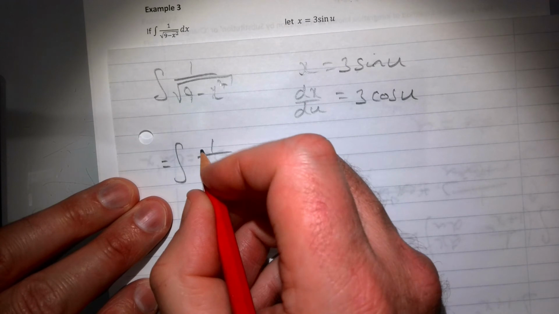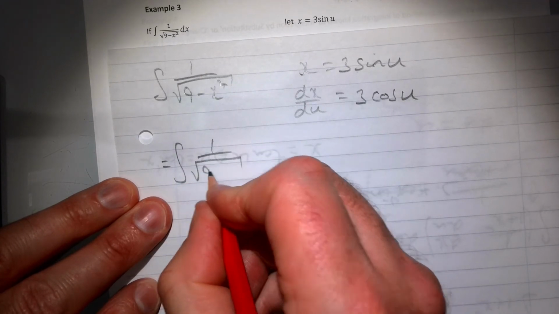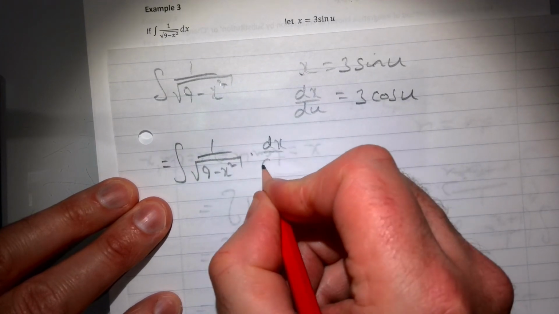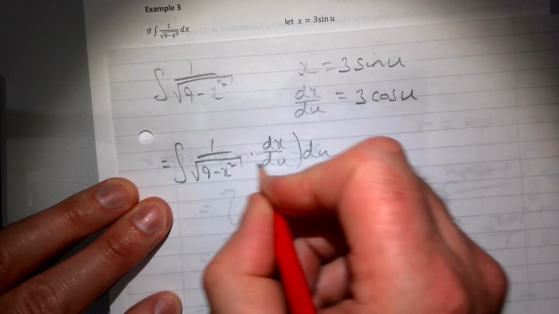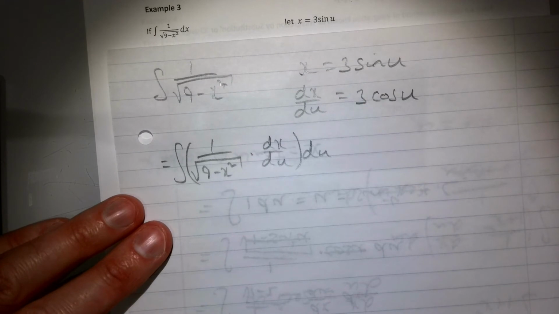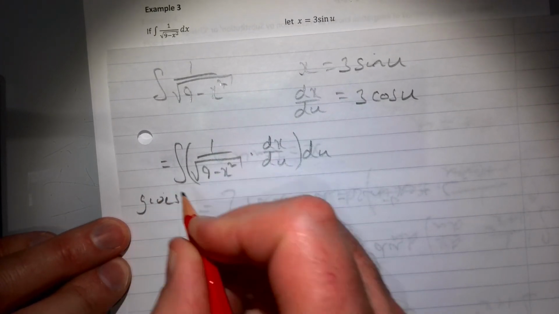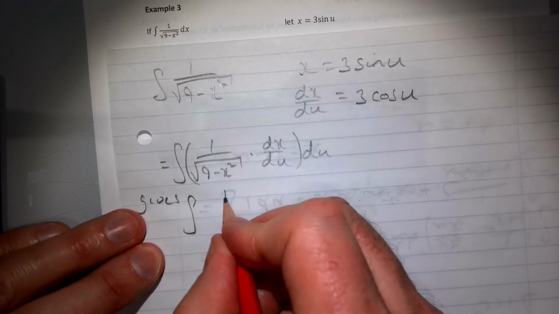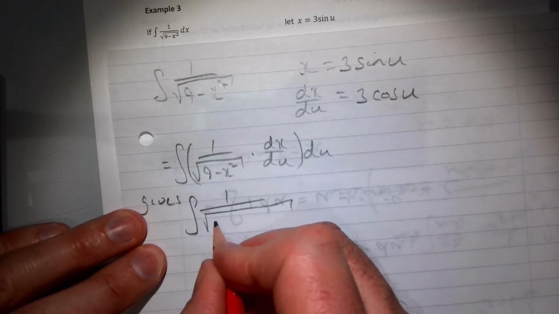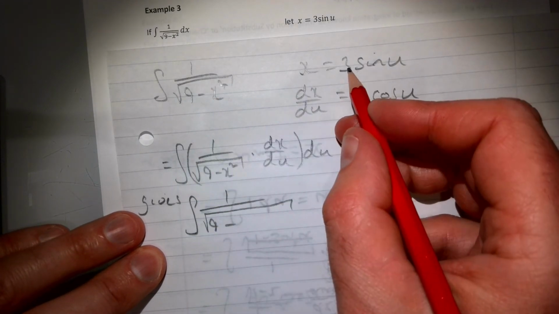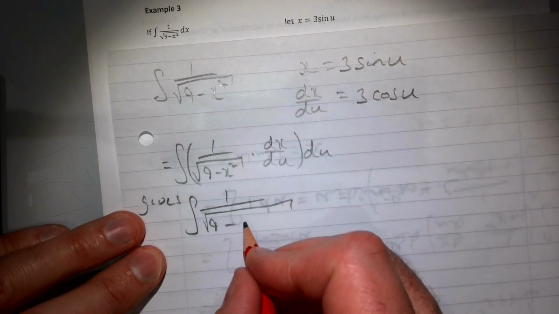the integral of 1 over the square root of 9 minus x squared times dx by du. This gives us 1 over the square root of 9 minus, and my x here is this, so if you square it you get 9 sine squared u.